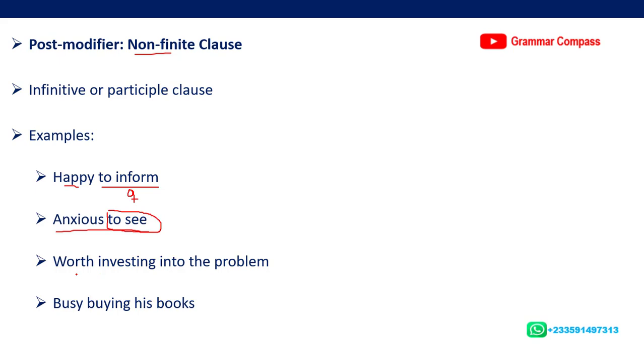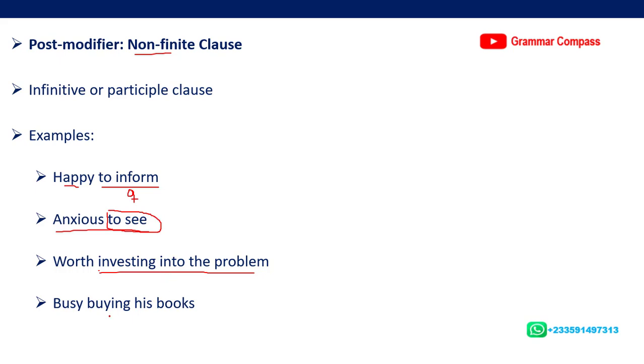You can say, it is worth investing into the problem. We have the participial clause, investing into the problem, qualifying worth. So this is an adjective phrase with the adjective worth as the head, where the participial clause investing into the problem serves as a qualifier.